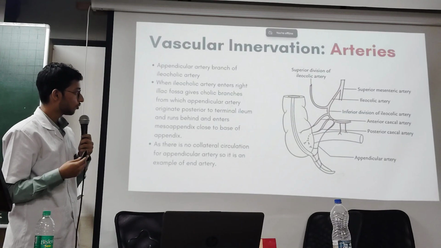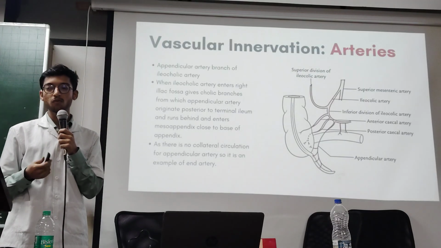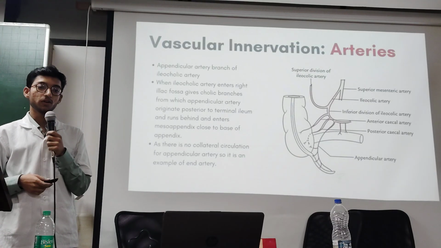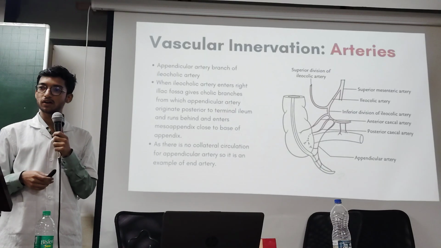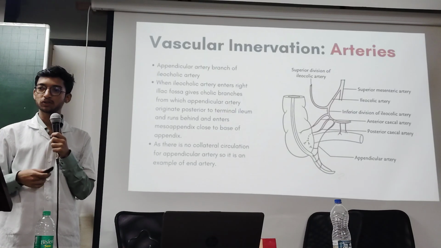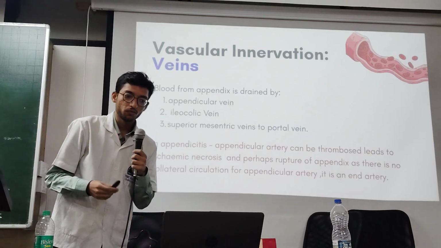The important point to note here is that the appendicular artery is an example of an end artery, as there is no collateral circulation for it, due to which in appendicitis it can be thrombosed and cause vascular necrosis and maybe rupture of the appendix. Next is the venous supply.